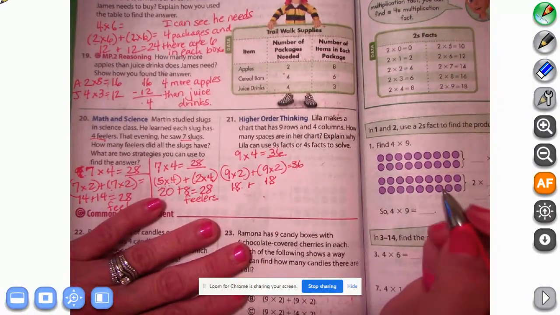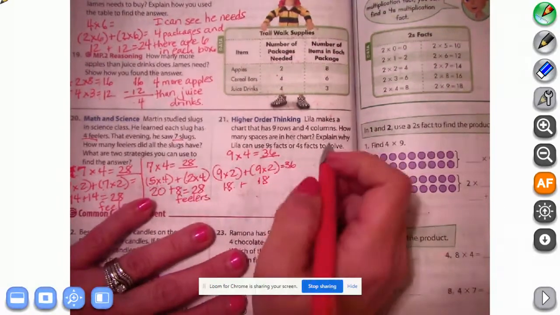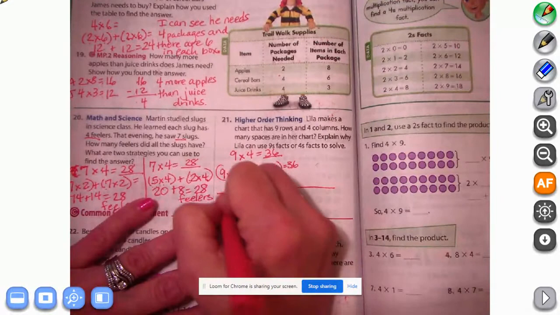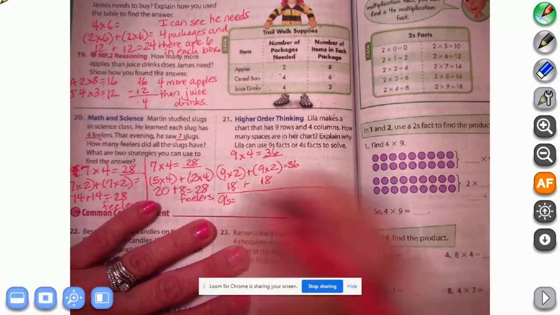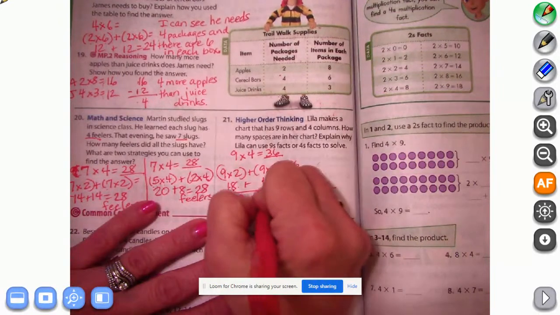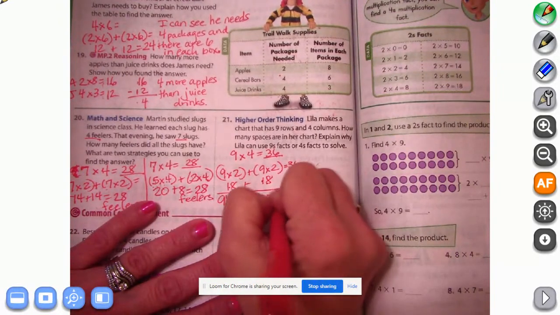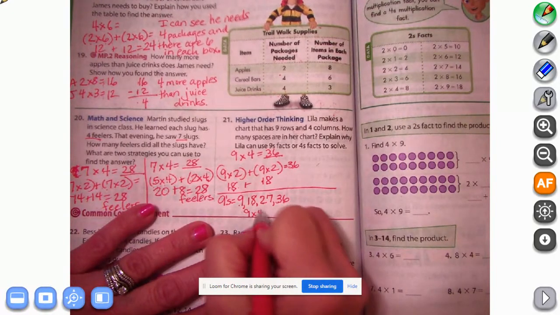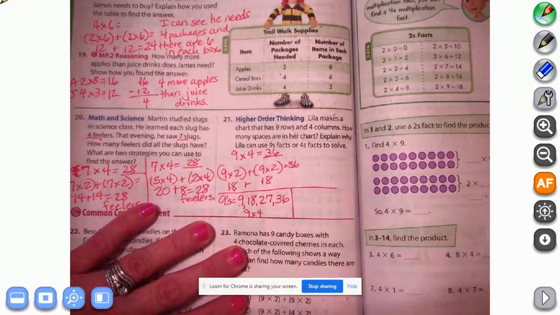All right, so use a 9's fact or a 4's fact to solve. All right, let's do the 9's fact first. 9's. Okay, we're going to do 9, 18, 27, 36. That's 1, 2, 3, 4. That's 9 times 4. Let's do a 4's fact.